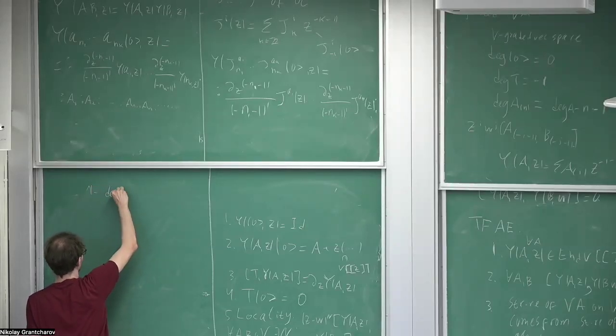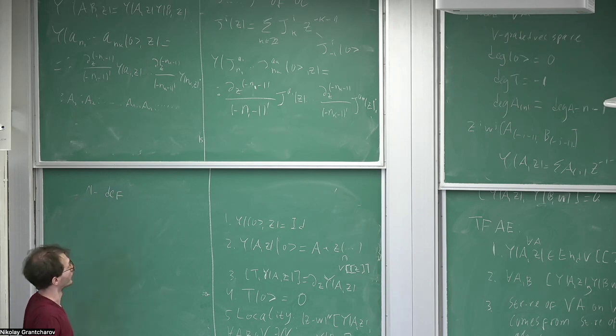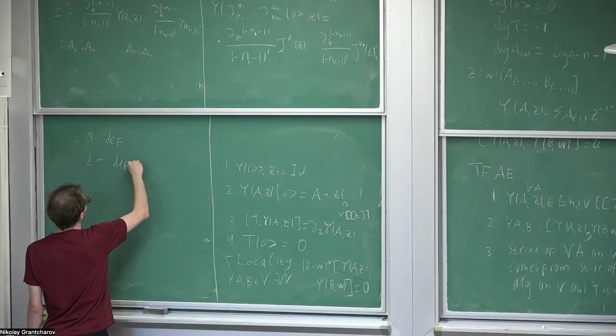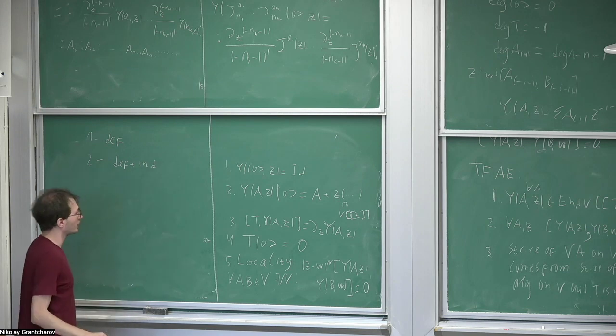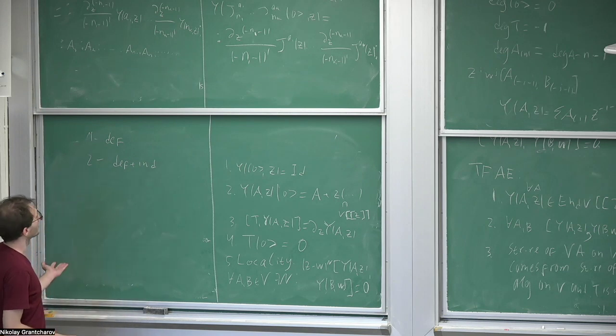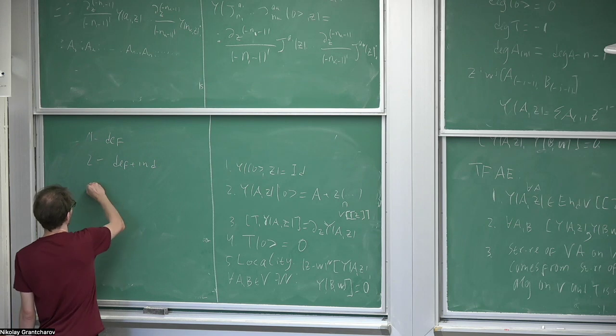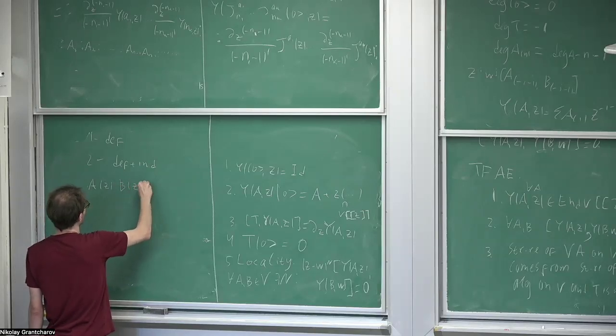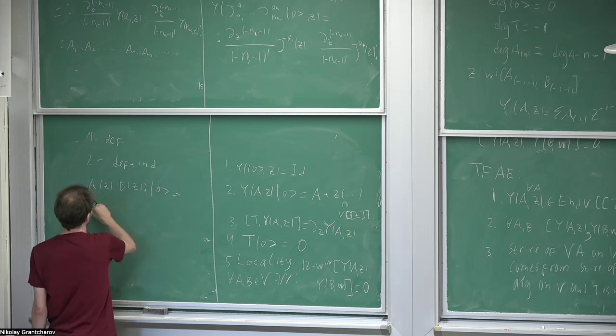One is the spectrum; don't do anything. Two is definition plus induction, and this is where the right order comes into play. I apply the normal ordering of A(z) to the vacuum.